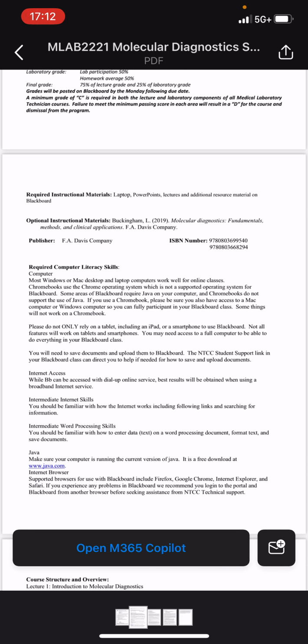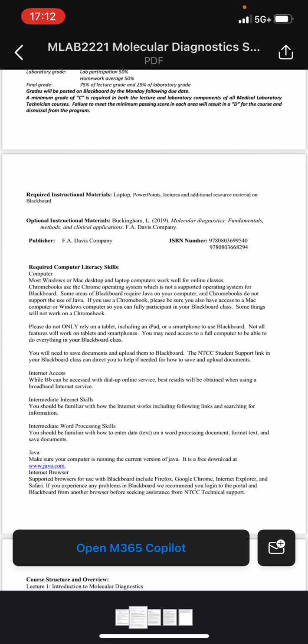When it comes to required instructional materials, there's not a book that's required for this class. When it comes to the optional instructional materials, that Leela Buckingham book, that's kind of what we're going based off of, but there's way more than what y'all have to know for basic molecular techniques.